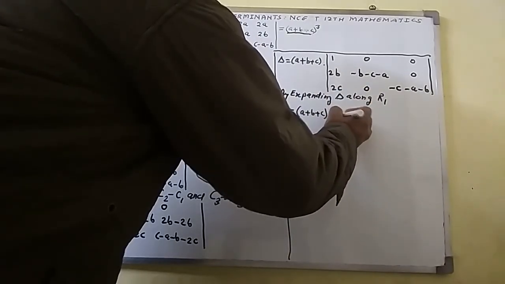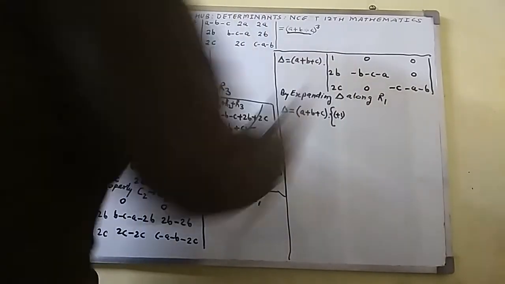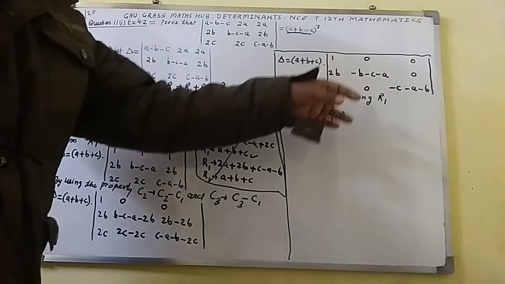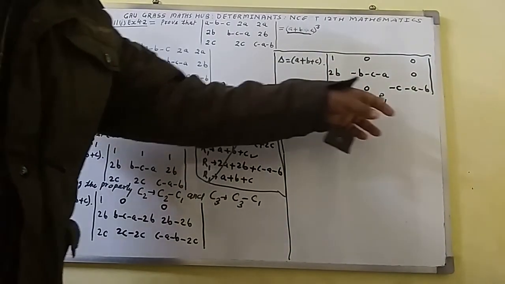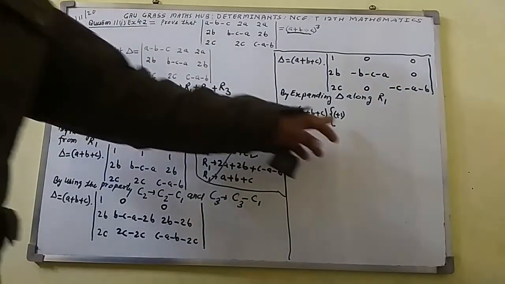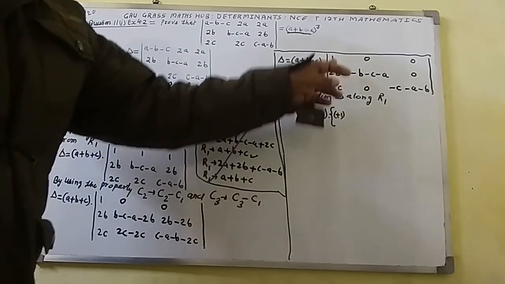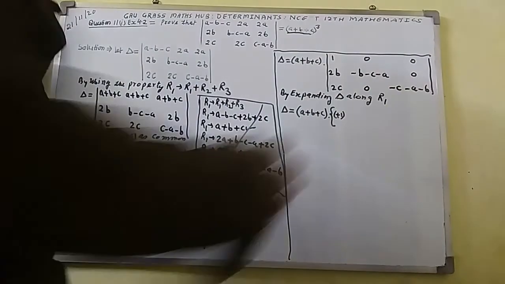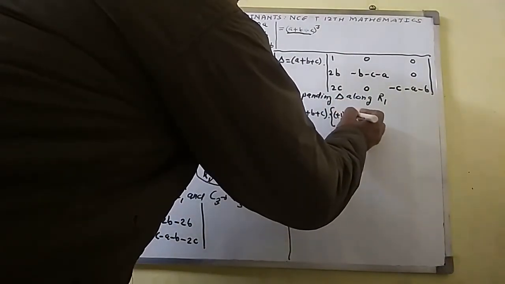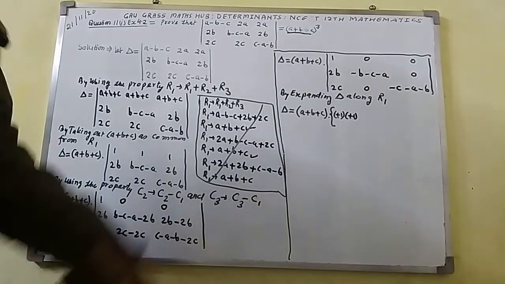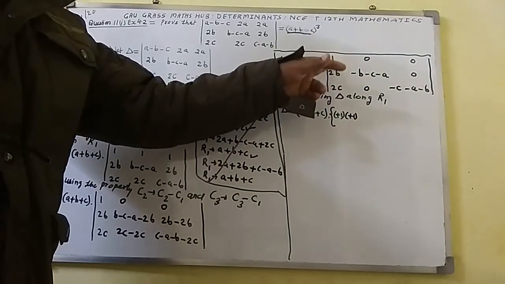Here plus 1 is fixed. This det is going to be expanded along the first row. So here the first element is 1, and for this element write here plus 1. Now get the minor of plus 1.